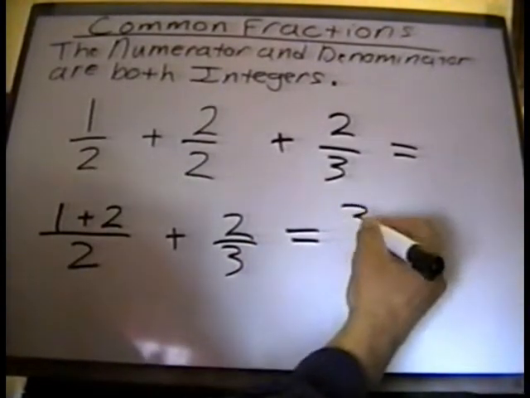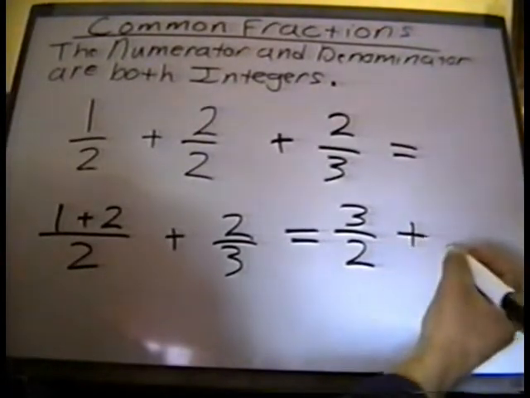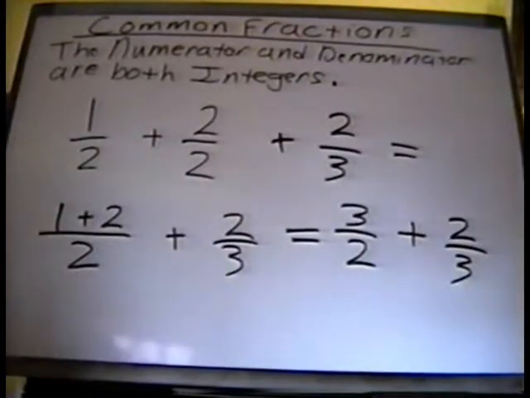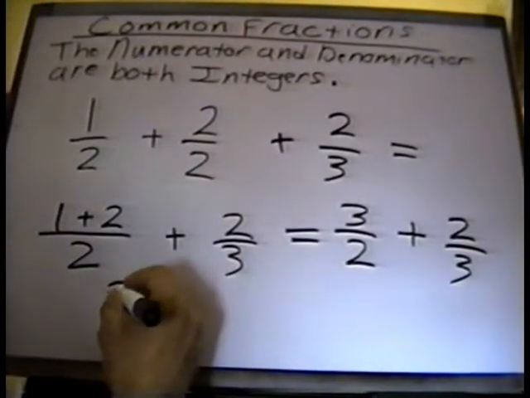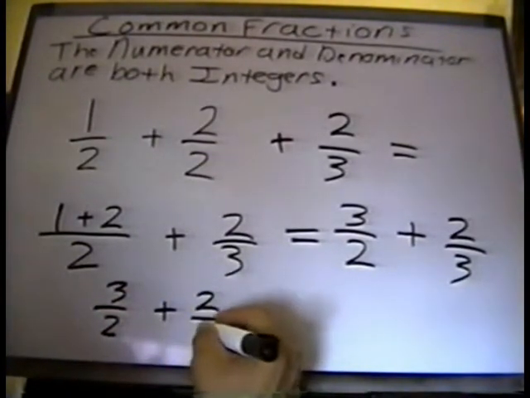And that gives us 3/2 plus 2/3. Okay? You get 3/2 plus 2/3. Three halves plus 2/3.